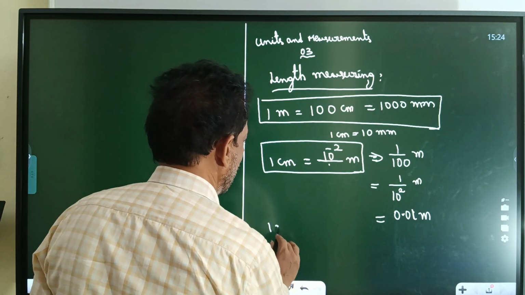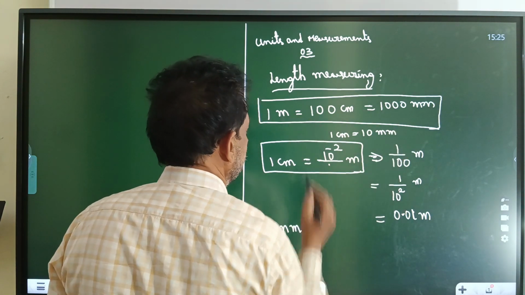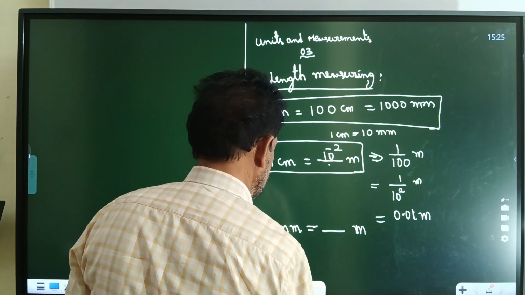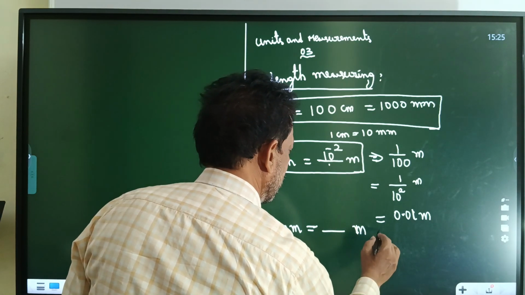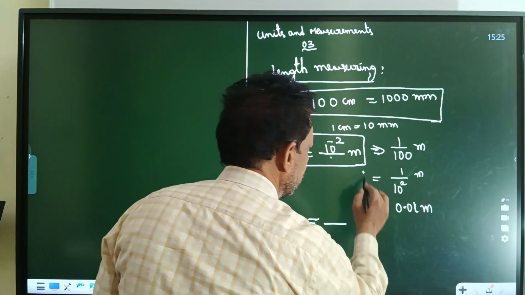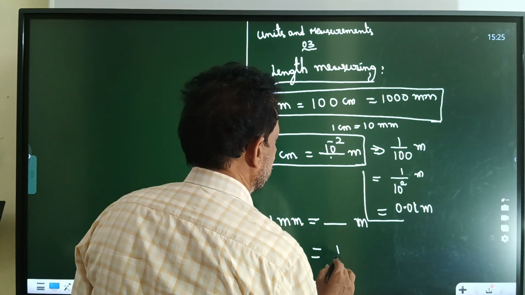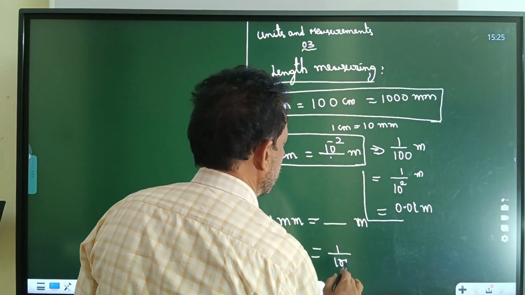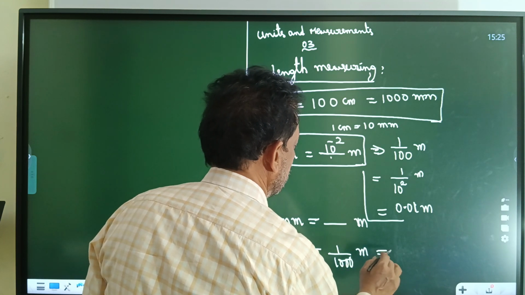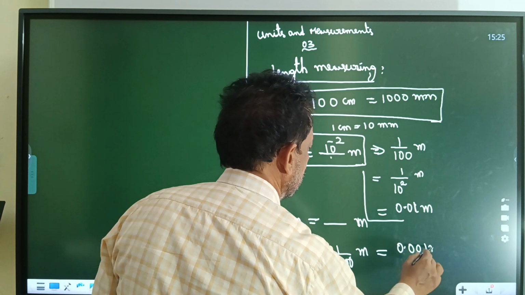Next, 1 centimeter is equal to this much. Now I can write 1 millimeter is equal to dash meter. You can write it like this: that is equal to 1 by 1000 meter, or 0.001 meter.